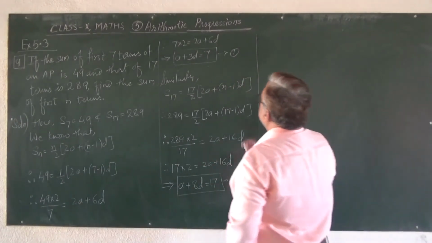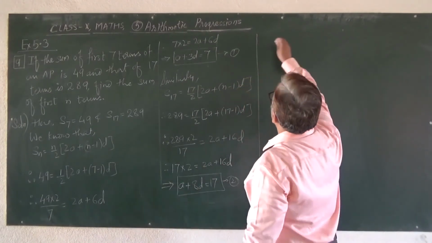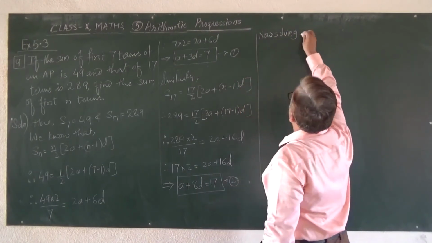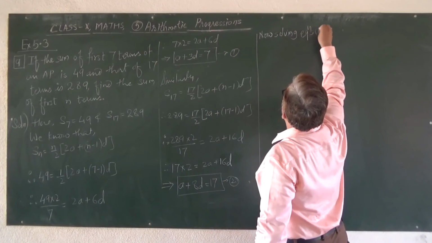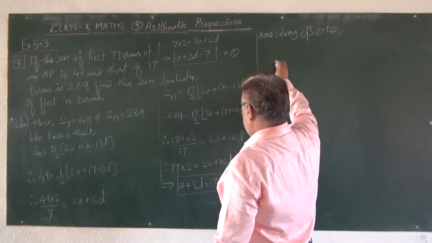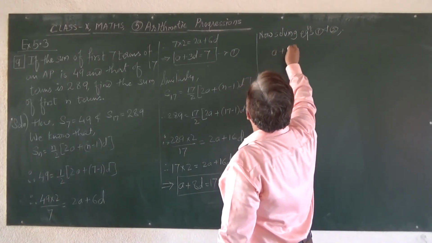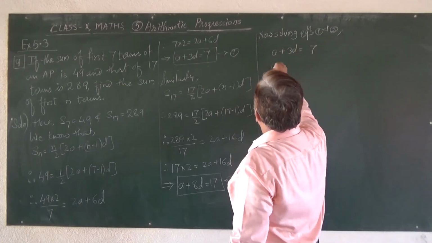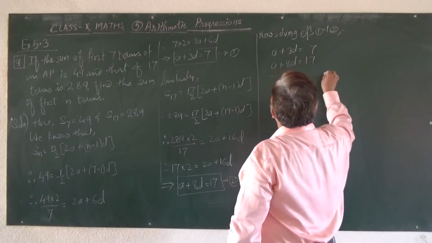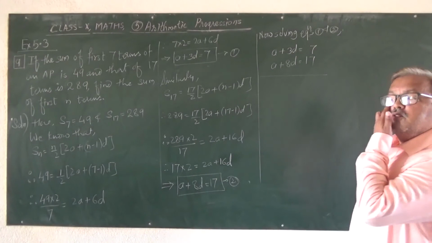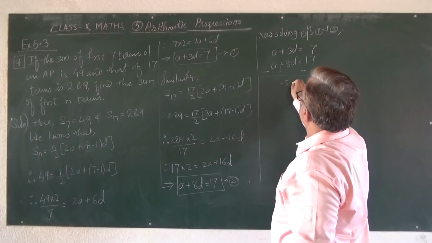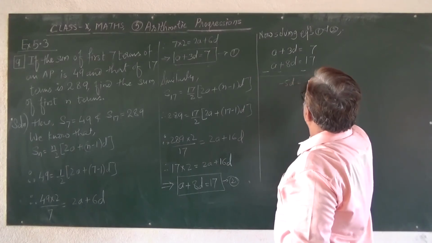Let us see now. Solving equations 1 and 2: a plus 3d is equal to 7, a plus 8d is equal to 17. Both a and d have positive signs, so we will subtract. Minus 8d plus 3d is minus 5d, minus 17 plus 7 is minus 10.